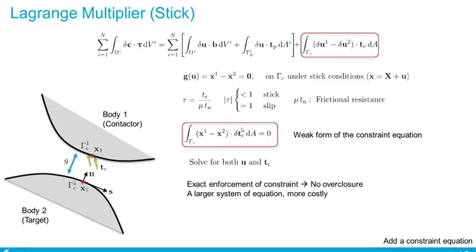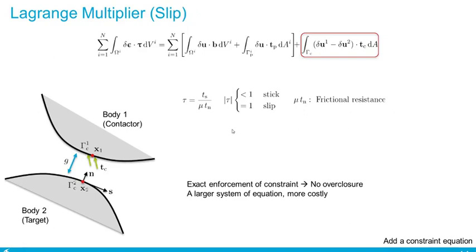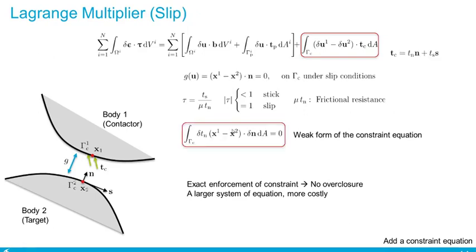So when you perform the linearization and derive the tangent stiffness matrix, you need to take the partial derivatives of these terms with respect to u and tc. And when you have such symmetric forms, you would end up having a symmetric tangent stiffness matrix. But in the case of slip, these two forms are non-symmetric.